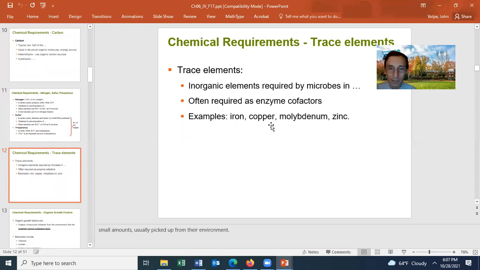Selenium is a trace element, which actually in Western Washington and Western Oregon is not enough in our environment, so we need to get selenium from another source. Fortunately, probably most of the food that you get in the stores now is not grown in Western Oregon or Western Washington.